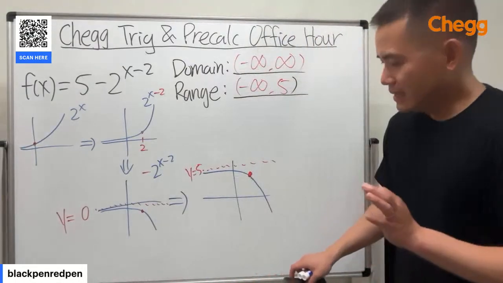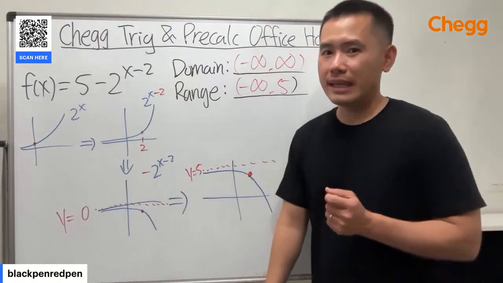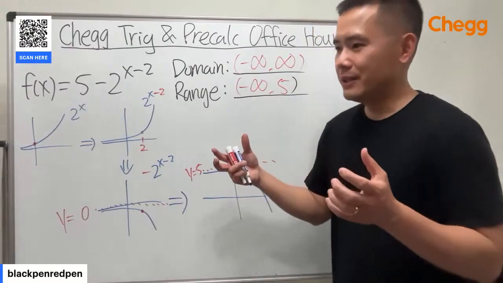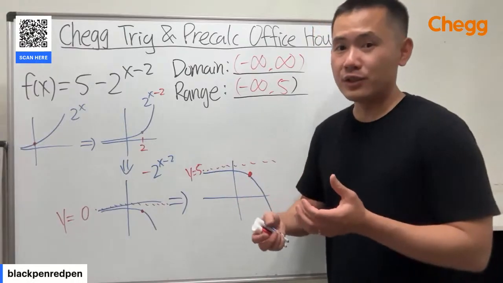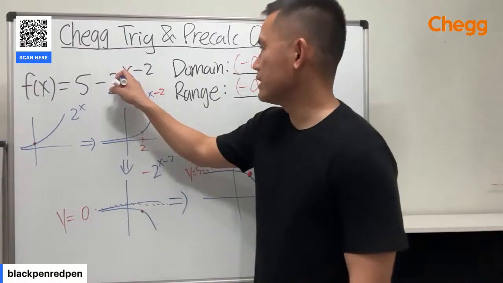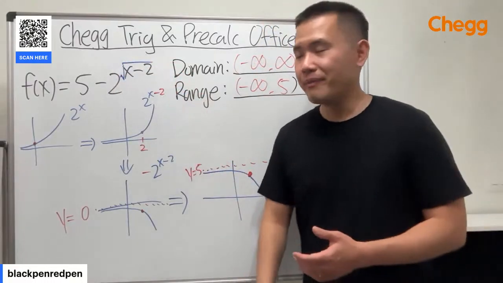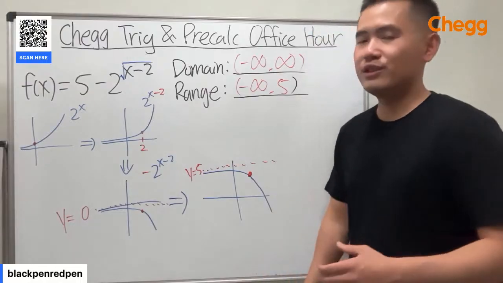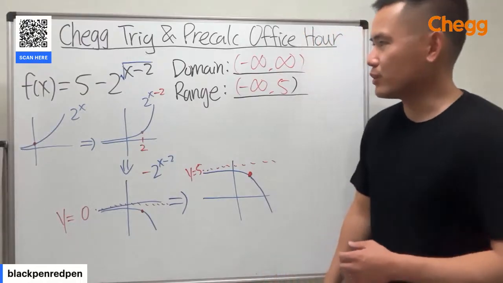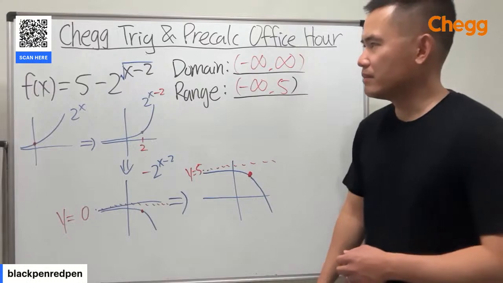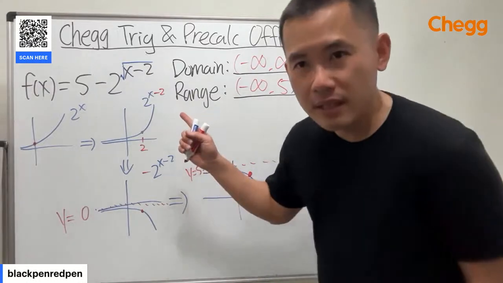Now, this kind of thing will already be complicated if you impose other functions with it. For example, if you decided to take the square root right here for the function there, the domain and the range will change. Right? So maybe you guys can remind me before we end the live stream today.